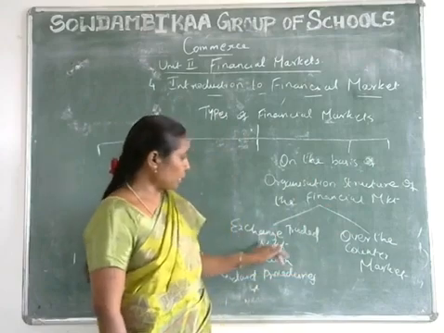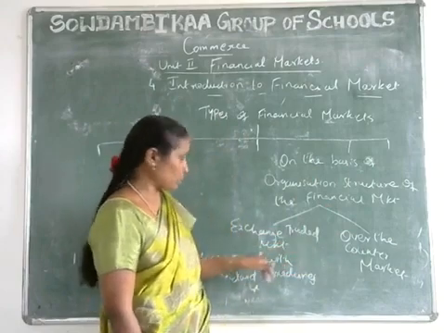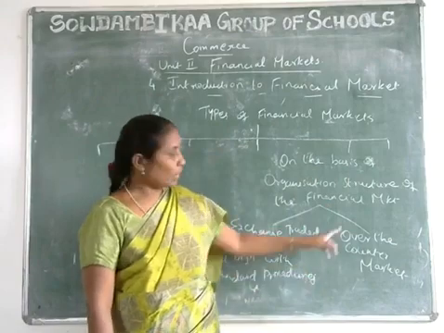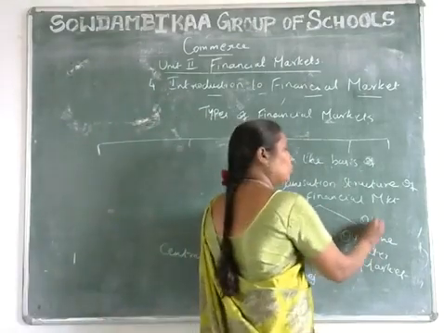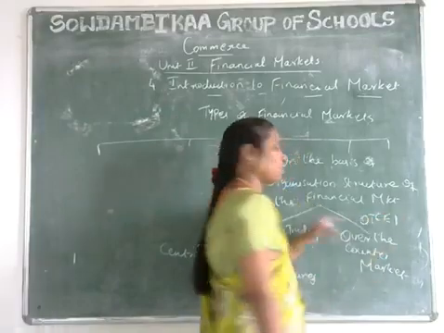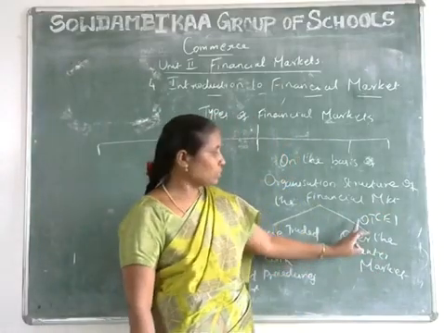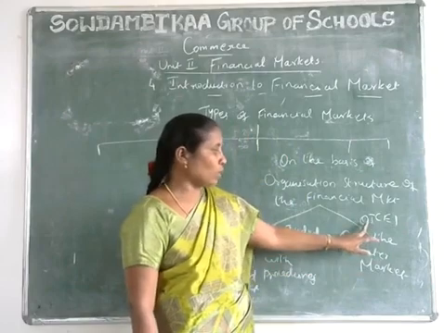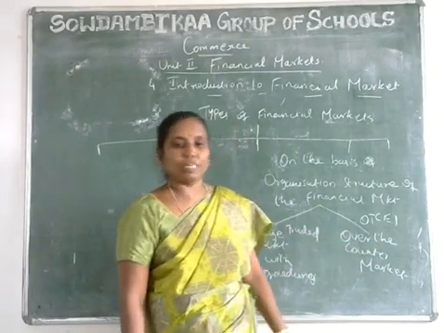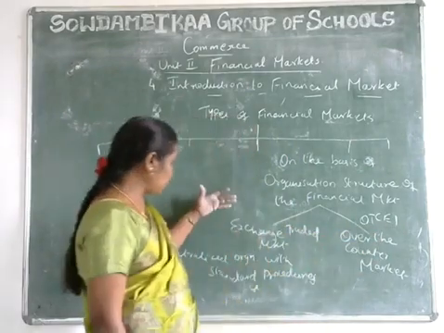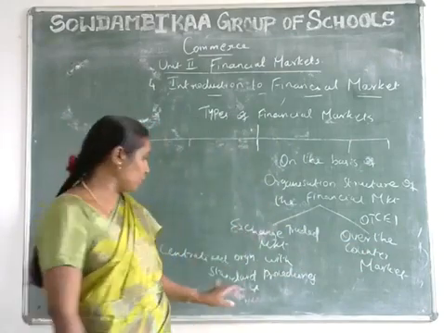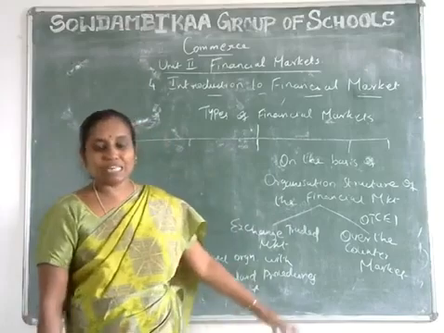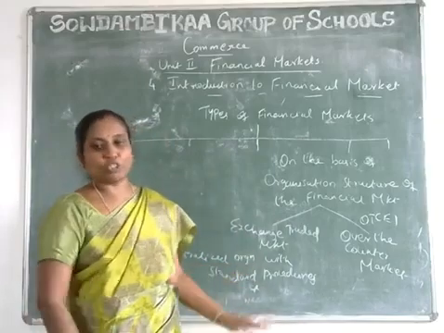The first one is the exchange traded market. Another kind is the over the counter market, that is OTCEI, the Over the Counter Exchange of India. What is meant by exchange traded markets? Exchange traded markets mean the organizations are centralized with standard procedures.